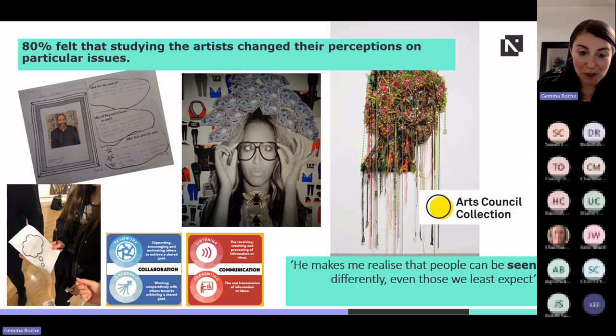Not only did the young people show the primary schools around the exhibition and explain the contemporary art pieces to them, they also invited their families from the local area. So again, looking at that sense of community: how can you get the community involved in supporting young people's education? A lot of the families we were working with didn't have a very positive experience with school.